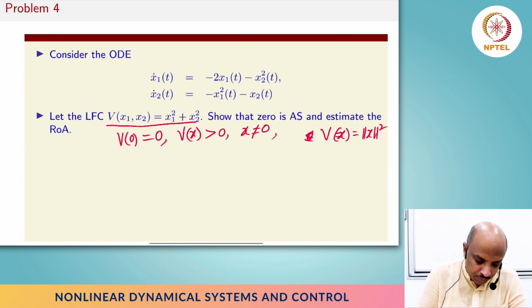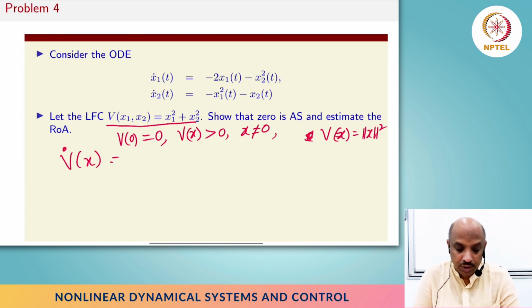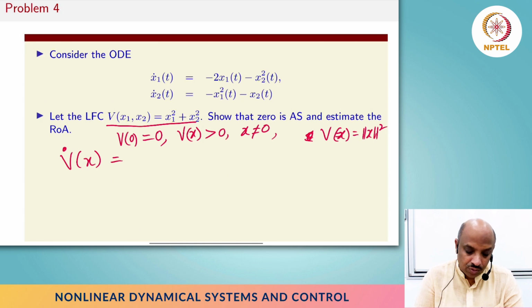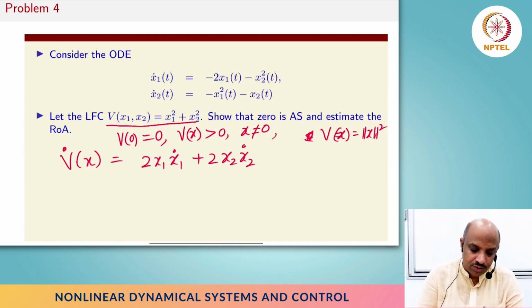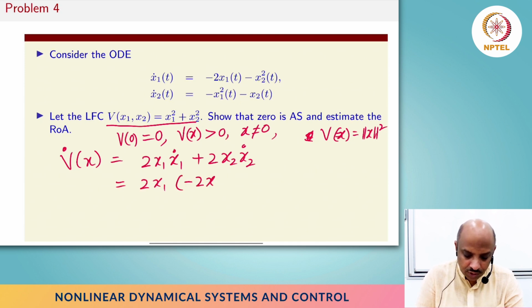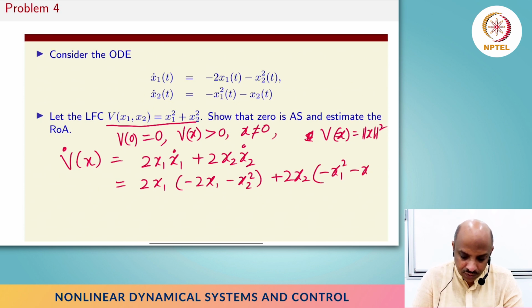So for that we need to compute this v dot of x, which is nothing but, I'm going to go slow in the first example, it's essentially 2 times x1 times x1 dot plus 2 times x2 times x2 dot, right? And x1 dot and x2 dot are given and you substitute. So 2x1 times minus 2x1 minus x2 square plus 2x2 times minus x1 square minus x2.